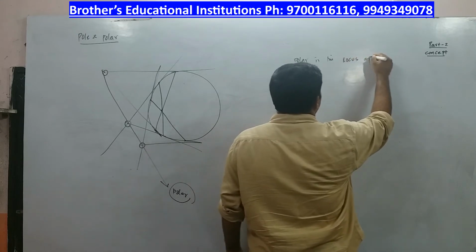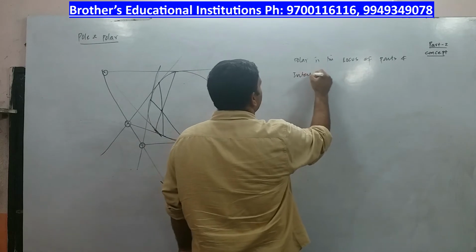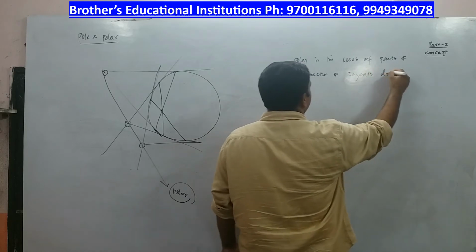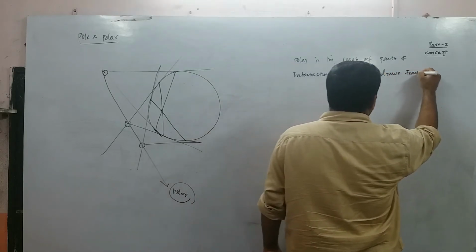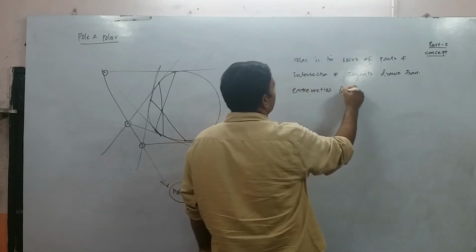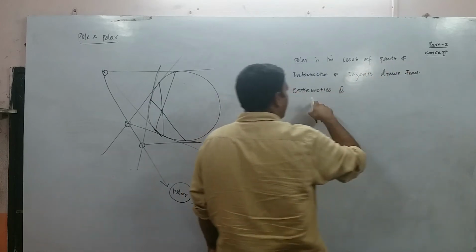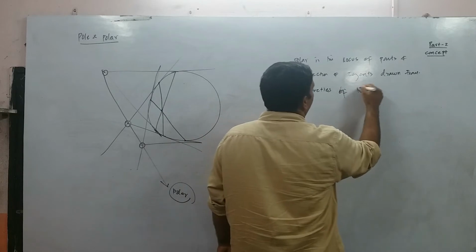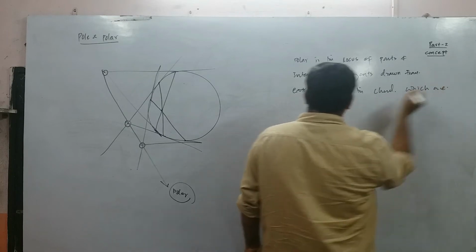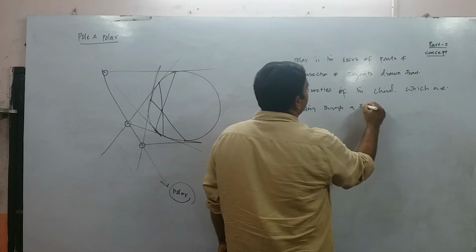Polar is the locus of points of intersection of tangents drawn from the extremities of the chord which are passing through a fixed point.